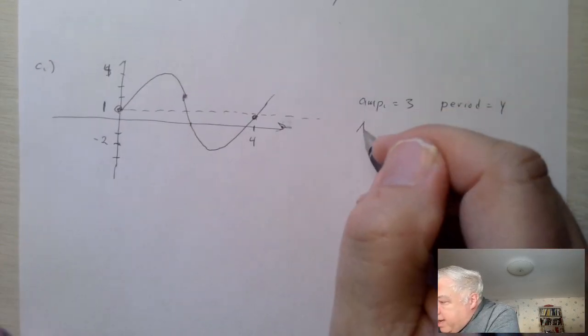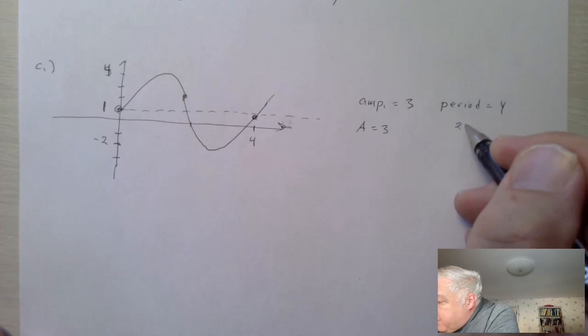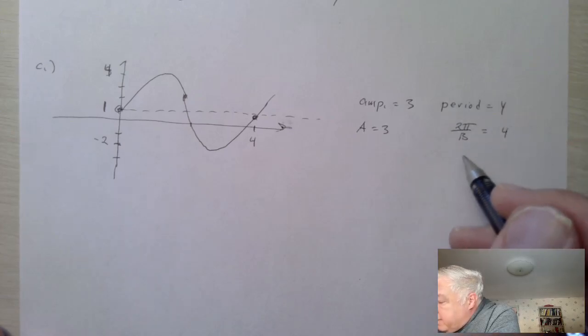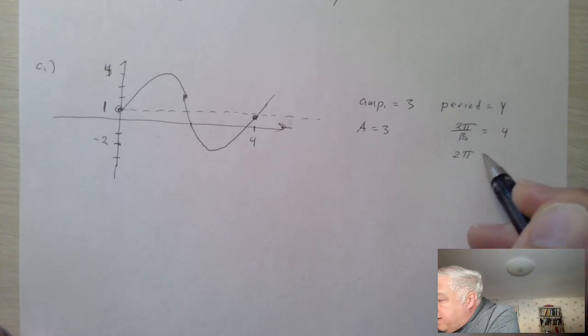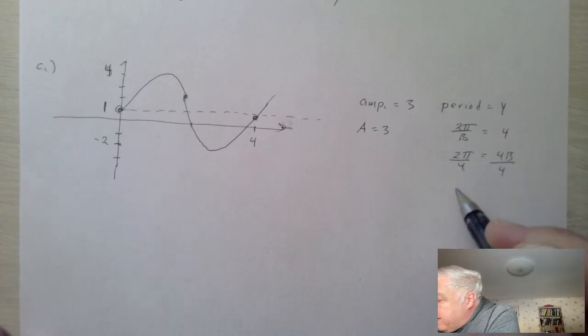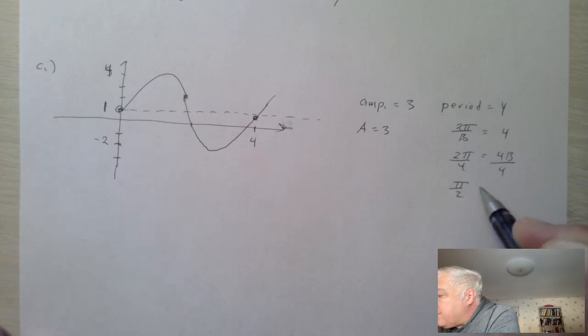So we can take A to be 3, then 2 pi over B, we can take that to be 4, multiply both sides by B, divide by 4, and we get pi over 2 to be B.